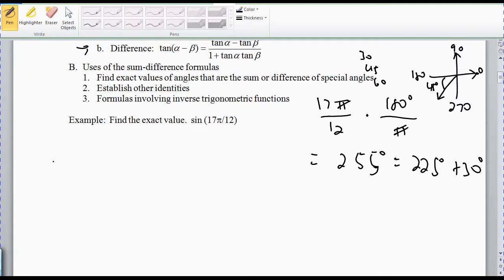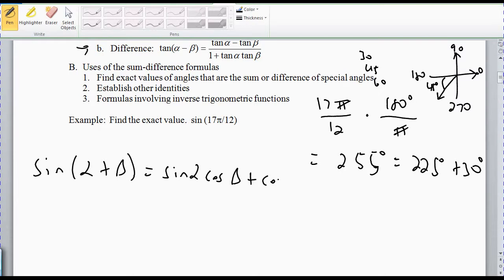So we're going to use sine of alpha plus beta is equal to sine alpha cosine beta plus cosine alpha sine beta. And our alpha and beta are going to be, however you want to arrange them, we'll just call it 225 plus 30.